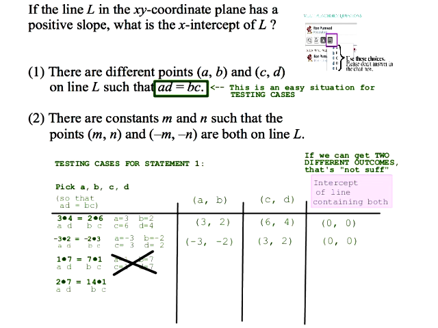All right, with those numbers, A is 2, B is 14, C is 1, and D is 7. Okay, and then you see what's happening here. It's pretty clear, right? You have the point 2, 14, and you have the point 1, 7.